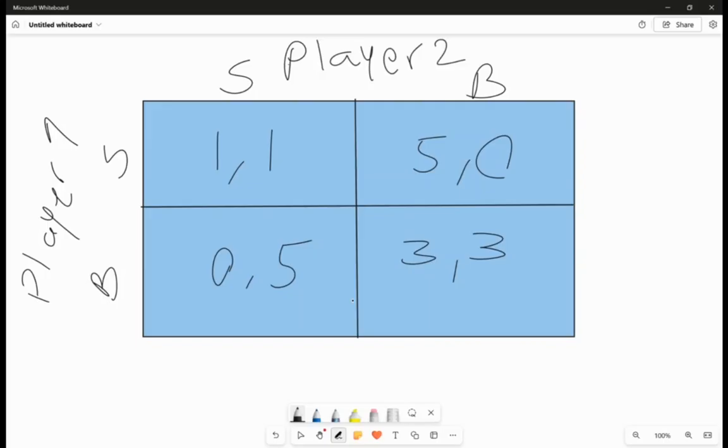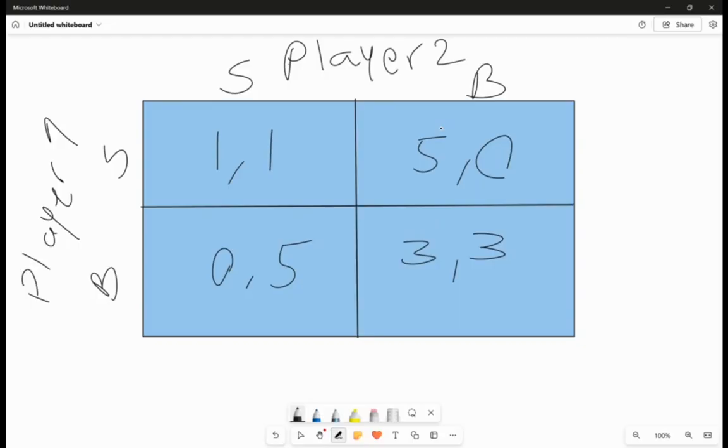How about the situation when player 1 remains silent and player 2 snitches? In this case, player 1, who remains silent, would go to jail for 5 years, and player 2, who is snitching, would go to jail for 0 years, right? So this is the game. This is how we design a game, and every game, even a complicated one, should be simplified on such a table, right?